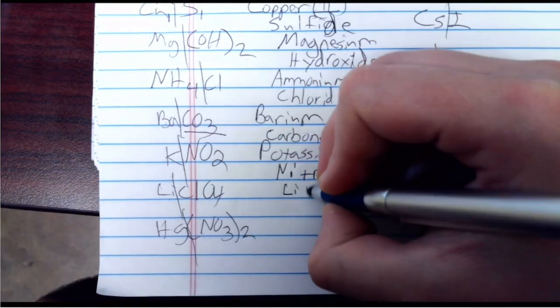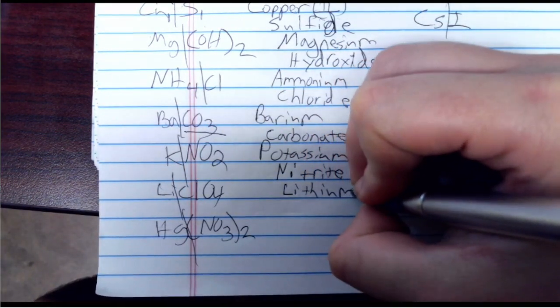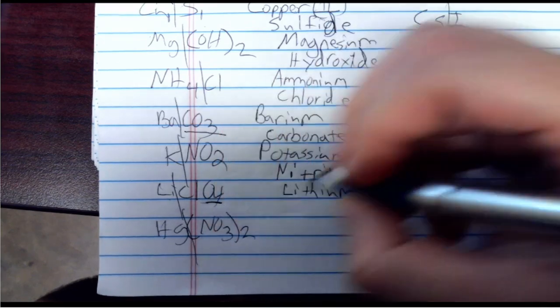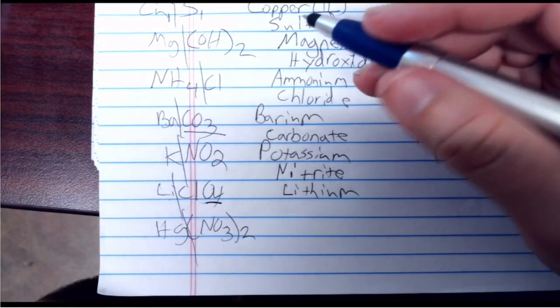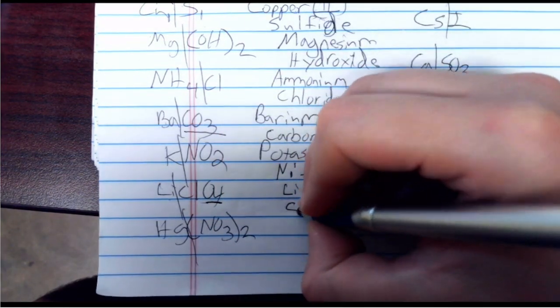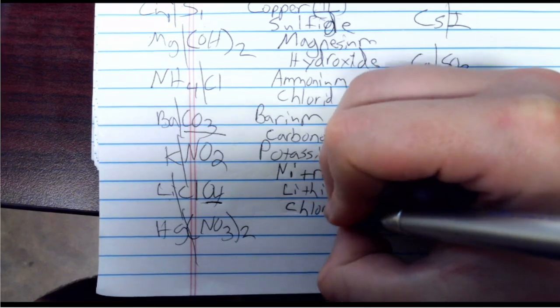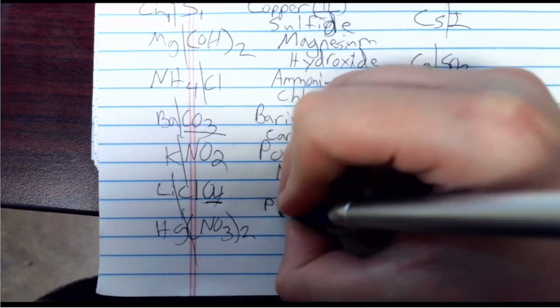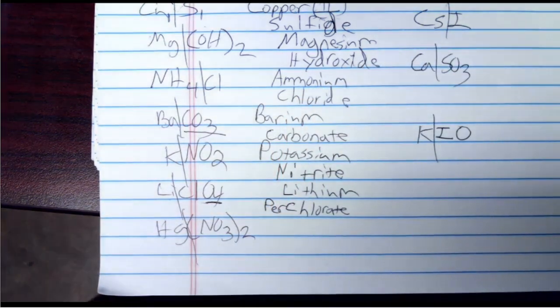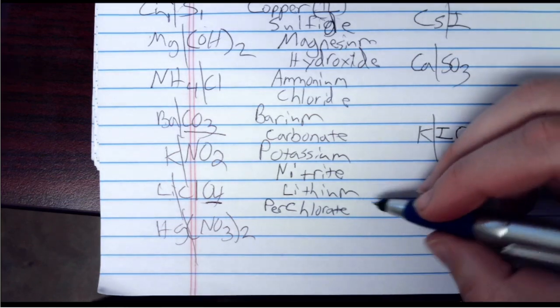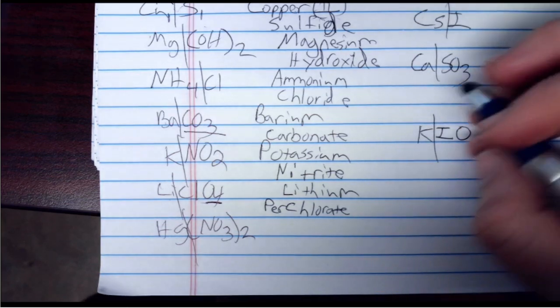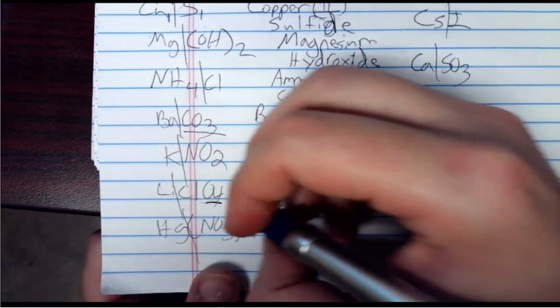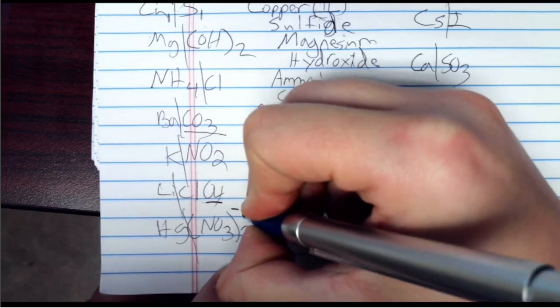Li becomes lithium. ClO4. Remember we said ClO3 was chlorate. So 1 above chlorate becomes perchlorate. Lithium perchlorate. This one's a little tricky. Transition metal, 1 minus.